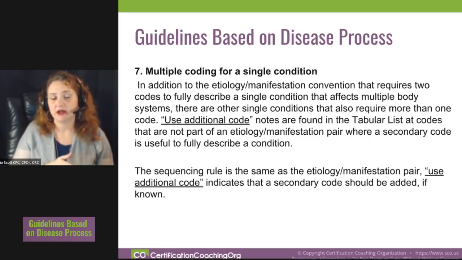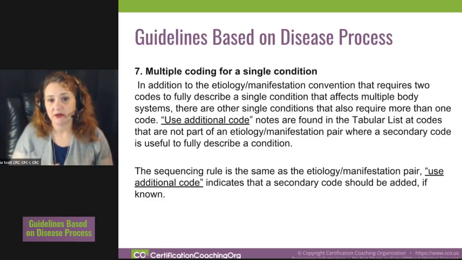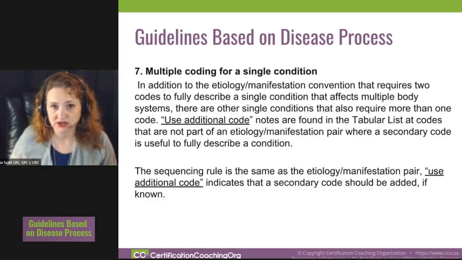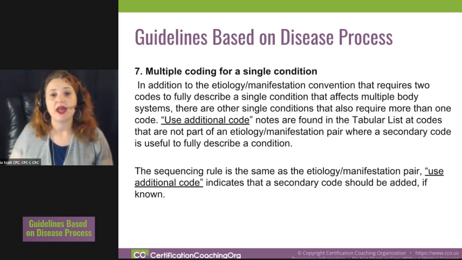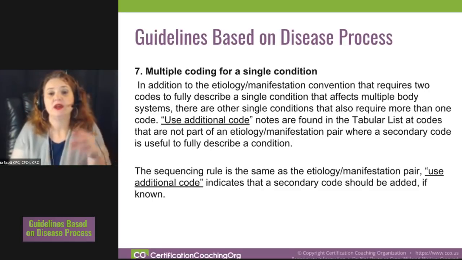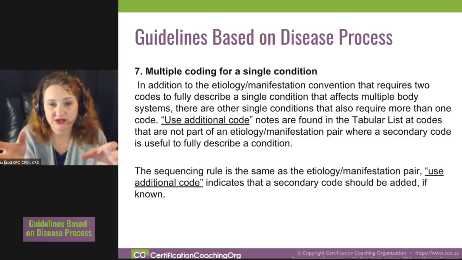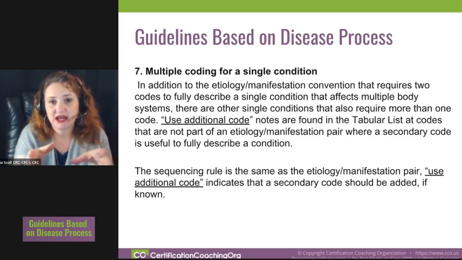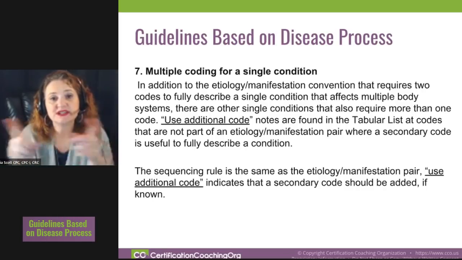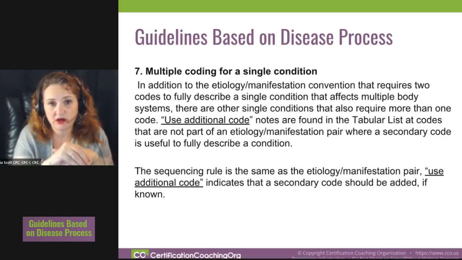So ultimately, etiology is where did it come from? Manifestation is a result of the condition. And when we code those, we code them in a sequence. The guidelines tell us that when we're required to use more than one code to give a description of something, there's a sequencing that we have to follow.